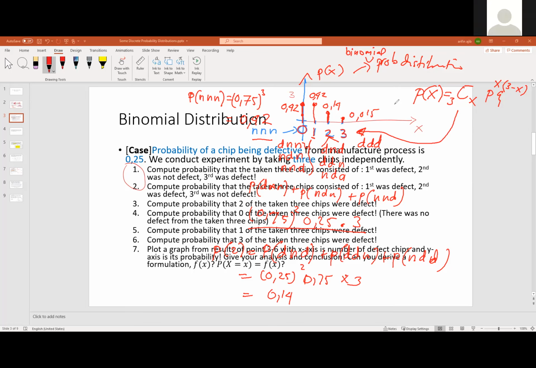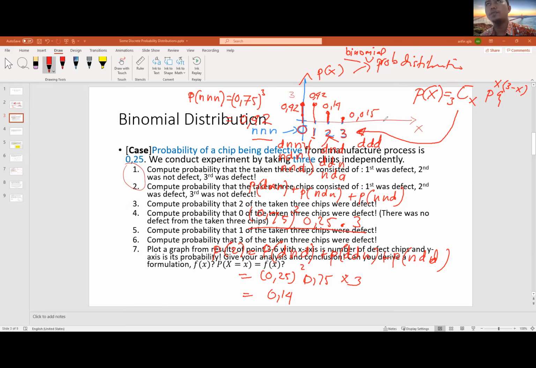Clear, sir. Anybody have a question or still confused? And this is specifically a discrete probability distribution, because binomial is always discrete.